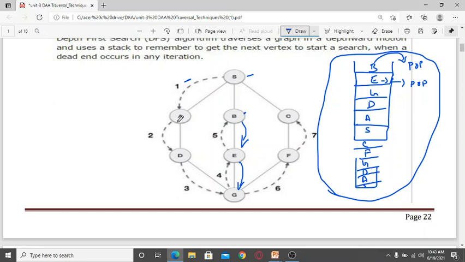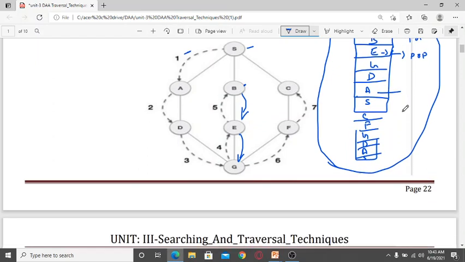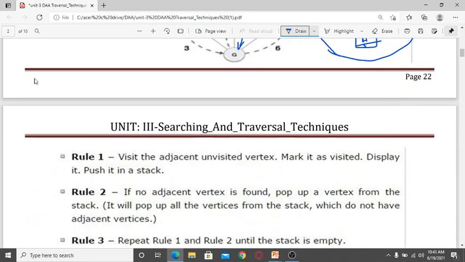So S to A, this one is unvisited. This was not visited the first time, so that item we need to add in the stack. The first rule is whatever adjacent vertex is unvisited should be visited and pushed in the stack.